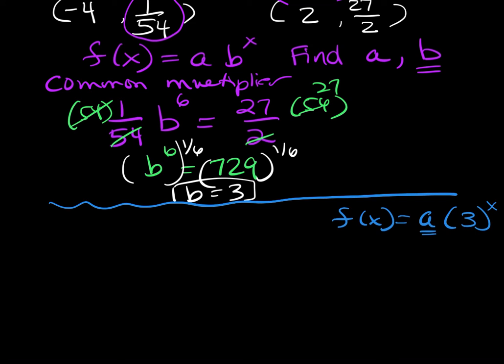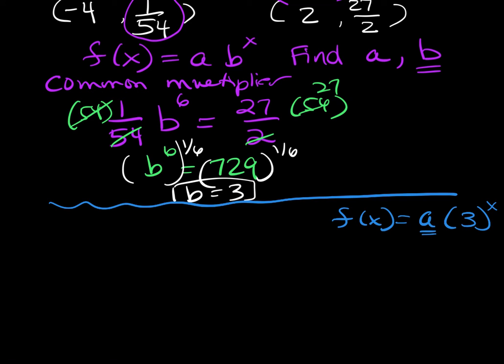Luckily we have 2 ordered pairs that can help us find a, and we could use either one of them. It's completely up to us which one we're going to use. I think it's easier if one of the inputs is positive, because then you're raising your 3 to a positive number.